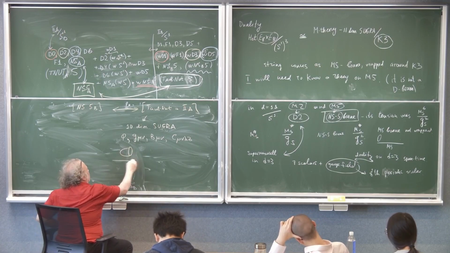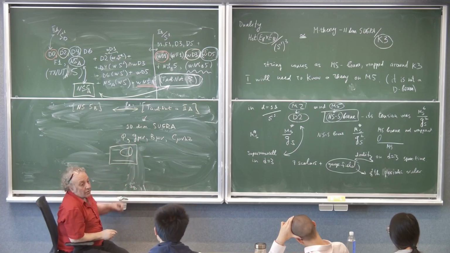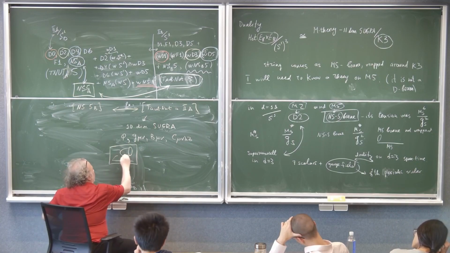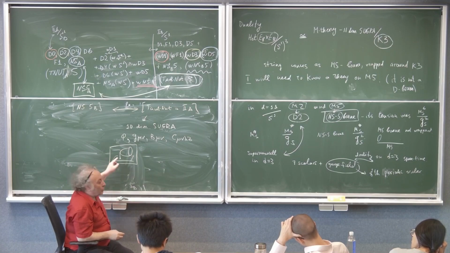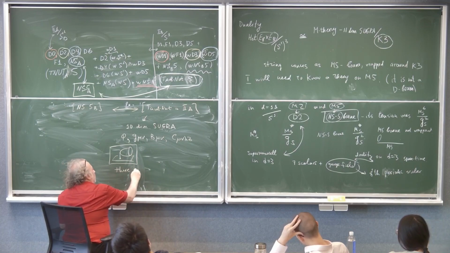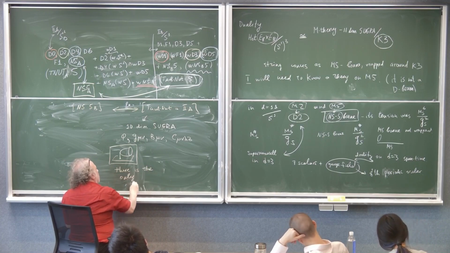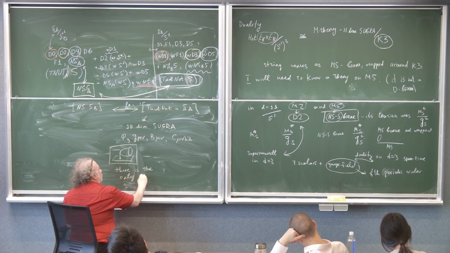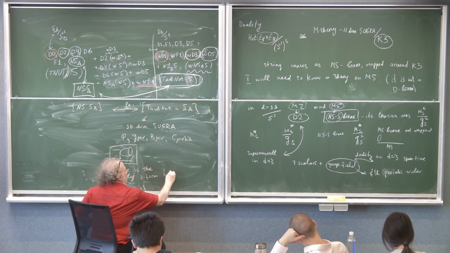Compactification on this space. It is a geometry. So in this geometry, there is the only two-form that has the following property. Let me call it this two-form omega 2.